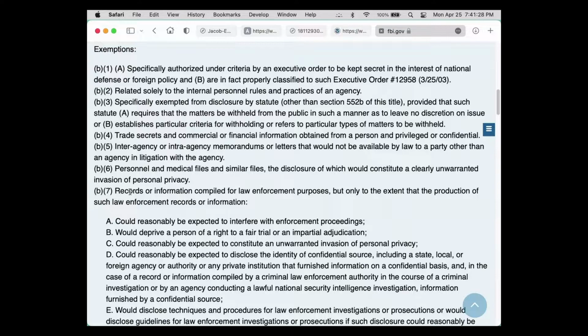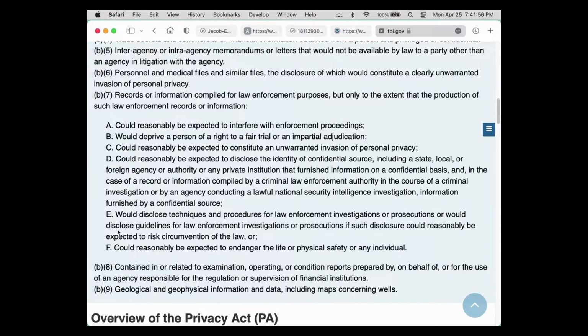B7, records or information compiled for law enforcement purposes, but only to the extent that the production of such law enforcement records or information, C, could reasonably be expected to constitute an unwarranted invasion of personal privacy. And then they have other codes here as well.